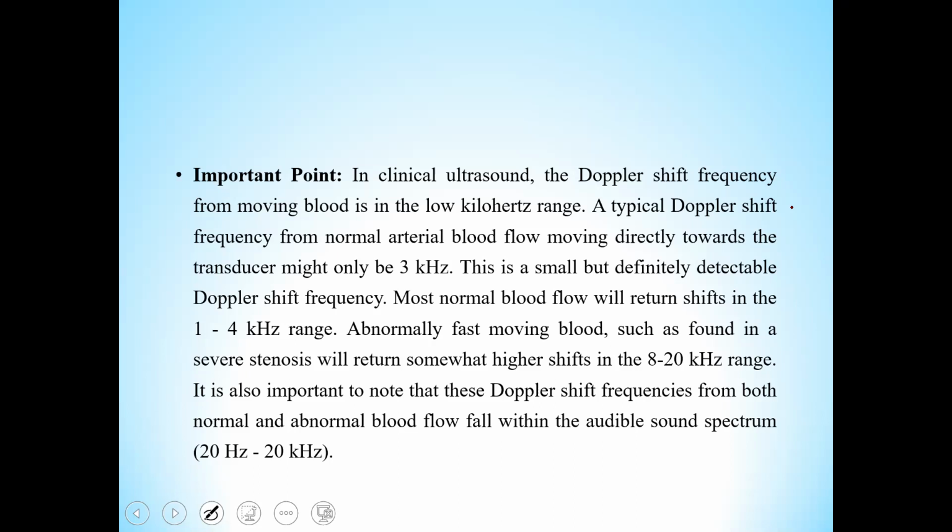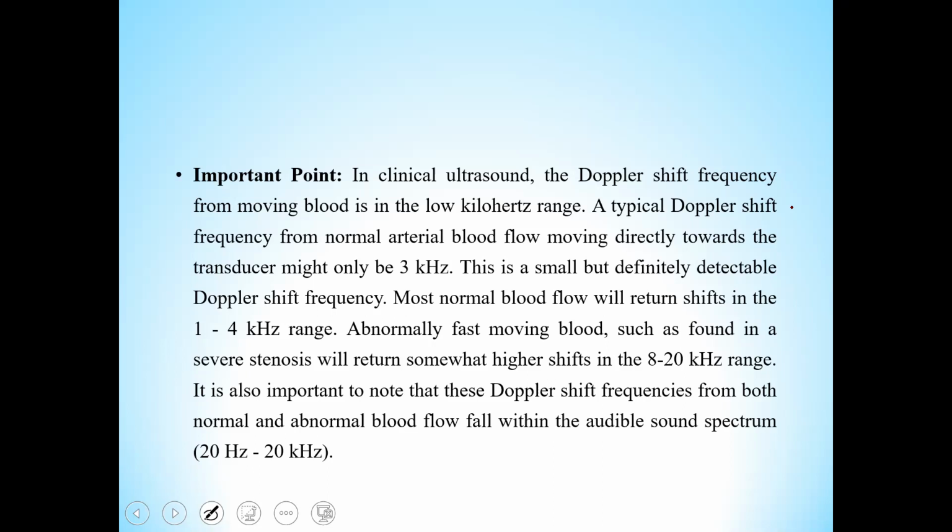Abnormally fast moving blood, such as is found in a severe stenosis, will return somewhat higher shifts, 8 to 20 kilohertz. But again, all the Doppler shifts fall in the audible range.